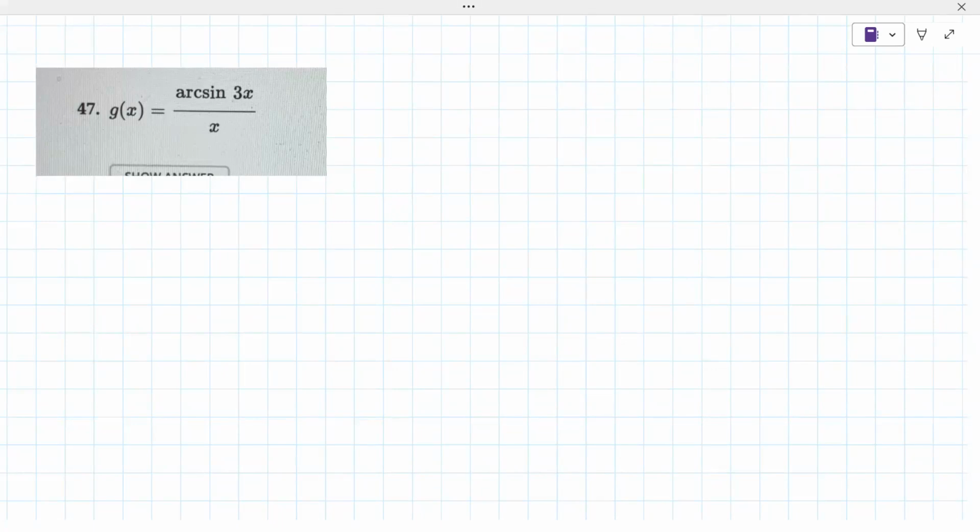All right, so we haven't done this in a while. F is the top function, arc sine 3x, g is the bottom function. Could you give me the derivative of arc sine, please?